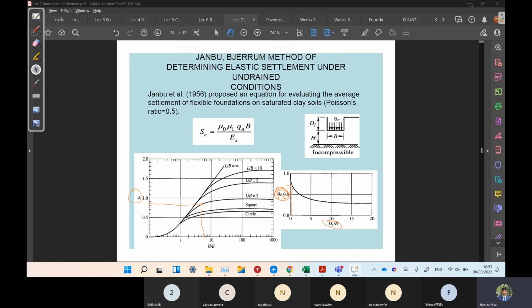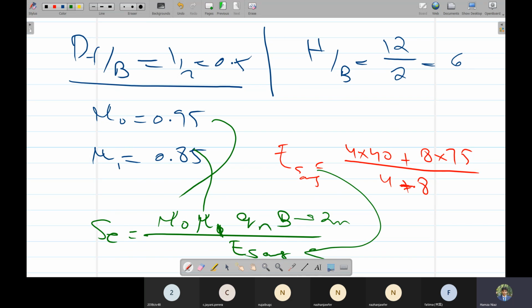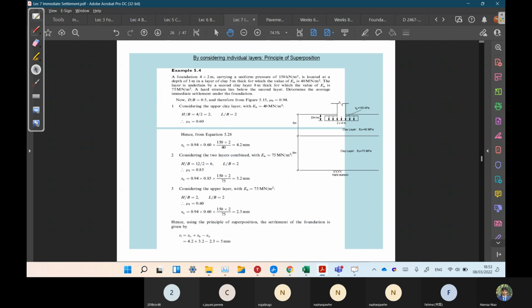We put in the values and get this settlement. They have taken 0.94 and 0.85. That's fine, a little bit of difference is okay. We have taken 0.95 and 0.85. So this was procedure 1.